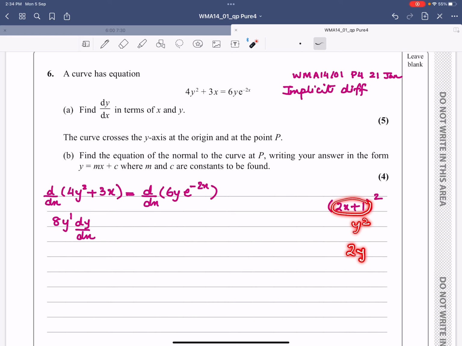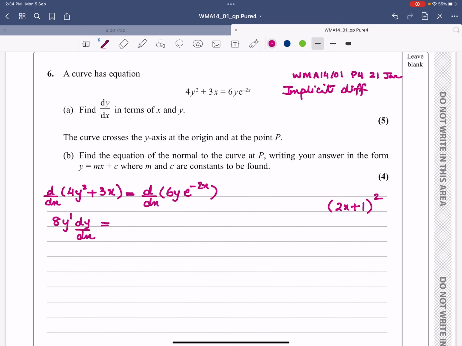And then again I differentiate what is inside the bracket. So I multiply by 2 because the differential of the bracket is 2. So the bracket was my y and I differentiated it again. In the same way, I have to differentiate the y again here. Now since I don't know what my y is, I will just write differentiate y with respect to x.